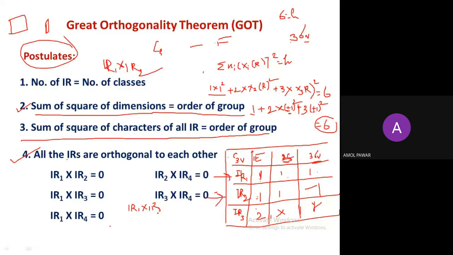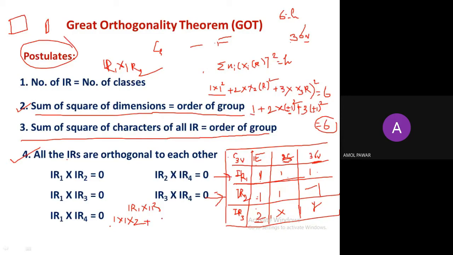IR1 into IR3, by considering their classes. See, for IR1, E has value 1. This is 1 into the character of IR1, 1, into the character of IR3 here. See, 1 into 1 into 2. Correct?